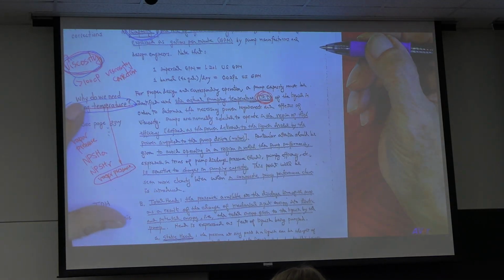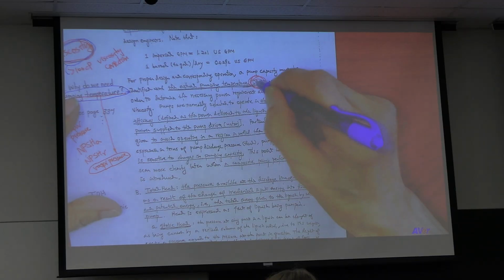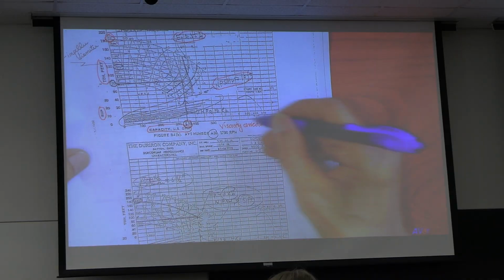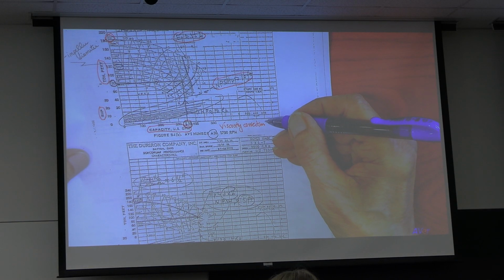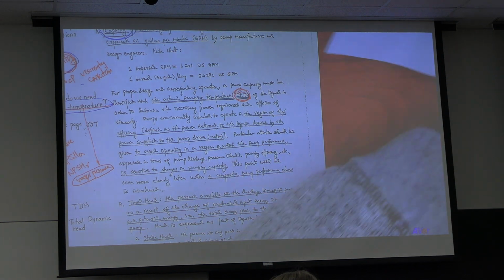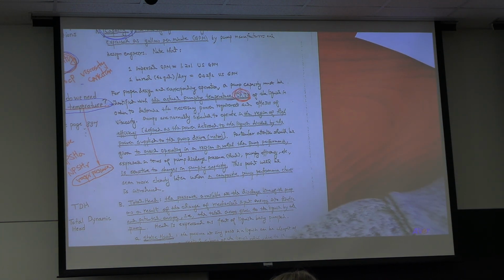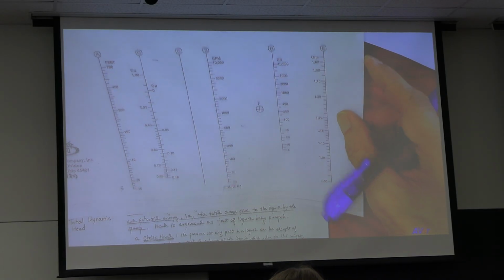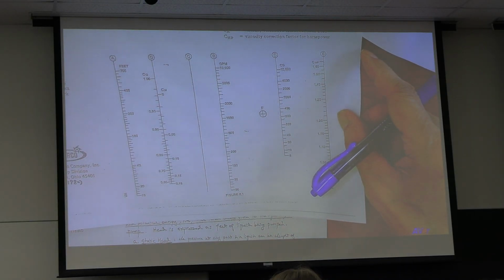Capacity, gallon per minute. Pumping temperature, viscosity. That's what you need before you read the pump curve. On this pump curve, it's simply this line. If you have a viscous liquid, we're going to have some correction. You find a new pumping rate. I give you this book, Pump Engineering Manual.